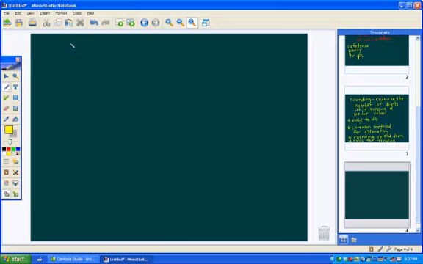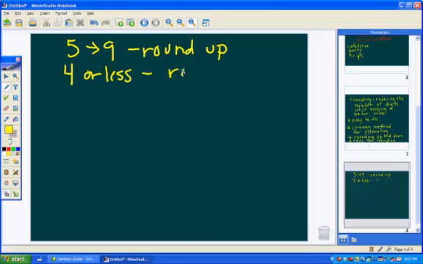Like the little sayings go, if the digit you're looking at is 5 to 9, you're going to round up. And if it's 4 or less, you round down. So we're going to look at a few examples and then we will be done.